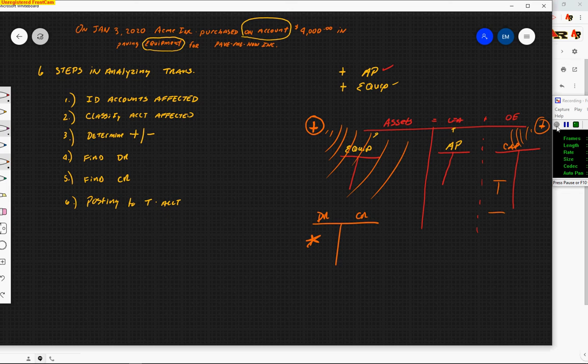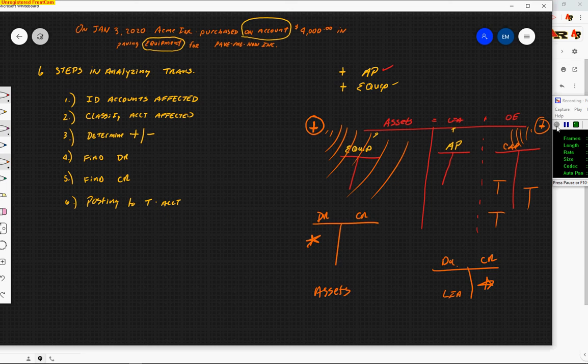We're not going to talk about the temporary accounts inside there, but these permanent accounts increase by credit. So assets, we're going to put over here, liabilities. Liabilities increase by credit.